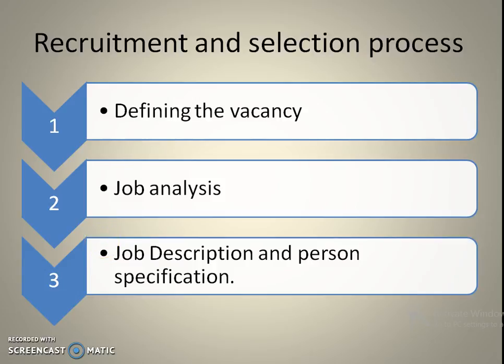The documents are called job description and person specification. Job description is a document which helps you to know what are the different types of activities involved in that particular job. That means what a person has to do. And person specification is a document which clarifies who is the person capable of doing that job, what skills are required, what knowledge is required, and what abilities are required.